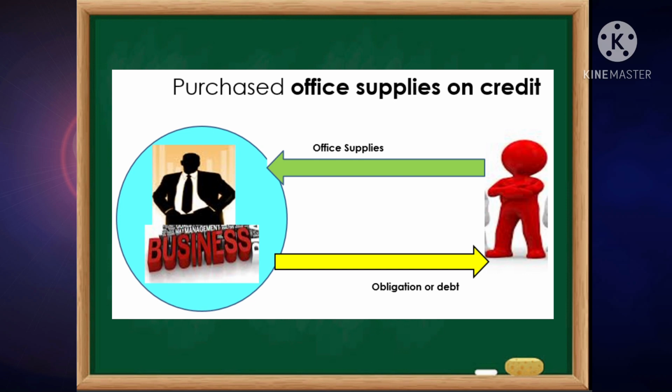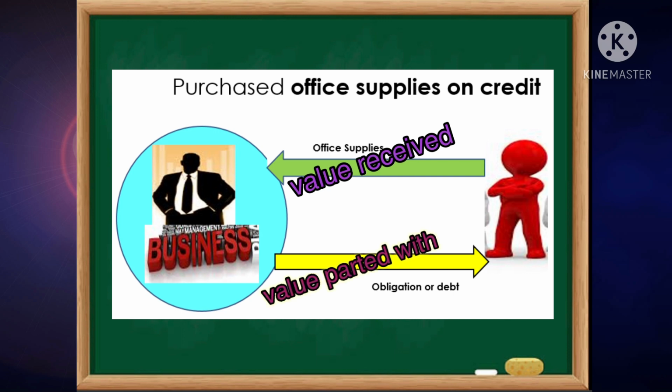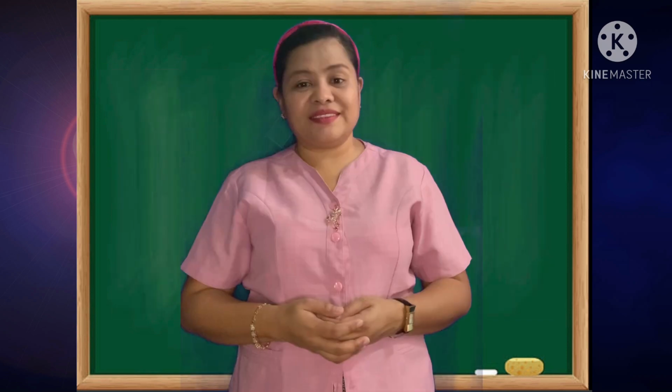The value received by the business are the office supplies. But for some reasons, the business does not have the capability to pay in cash. So they are parting with an obligation or debt to another company.